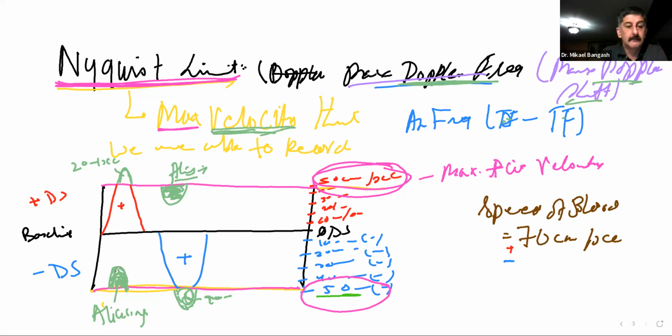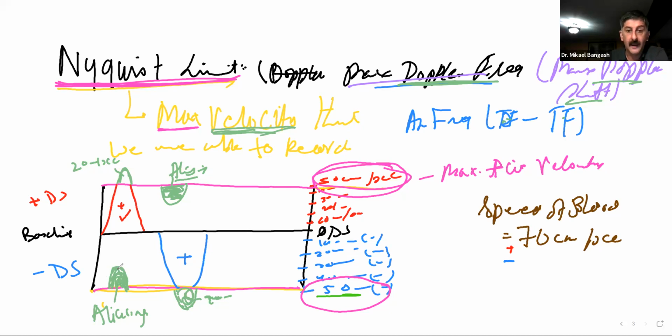If that makes sense, this is an actual reading, but because our Nyquist limit, or our speed limit that we are able to record, is set at 50, and the speed of blood was greater than 50, that remaining part is going to be shown as aliasing on the negative side.